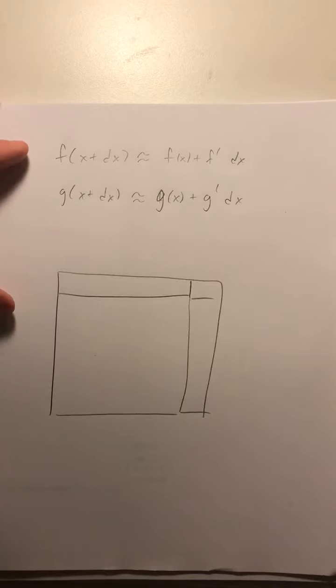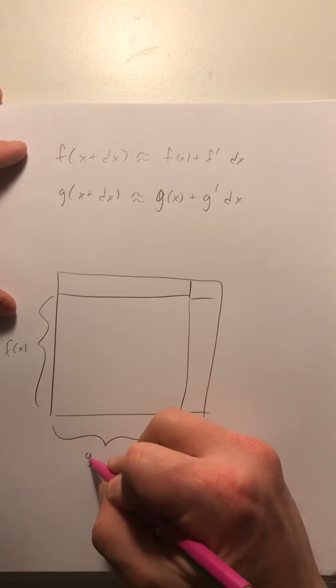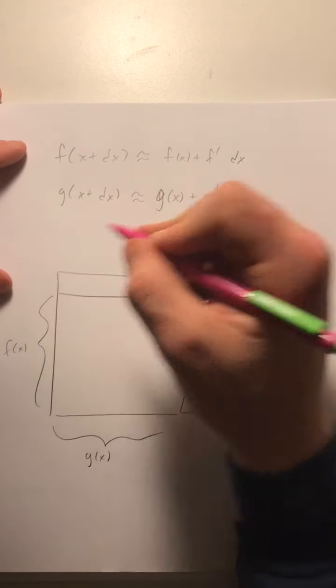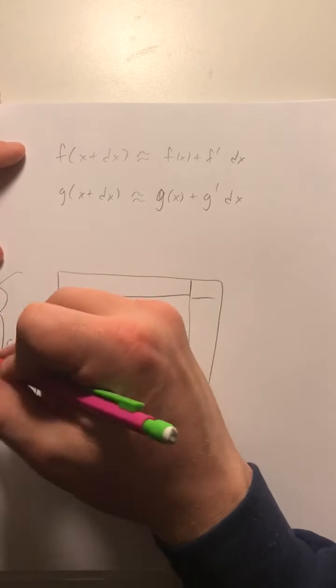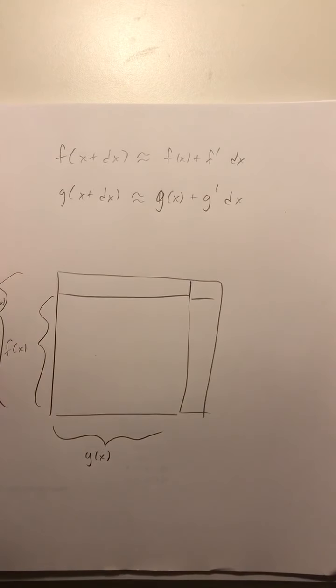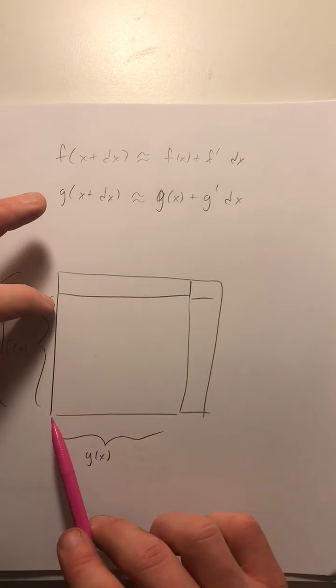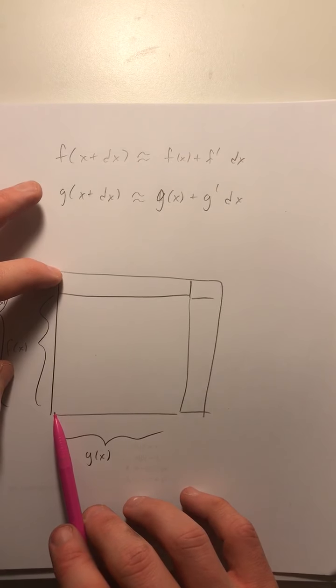Okay. So here, this is going to be f of x. This is going to be g of x. And then this big part is going to be f of x plus dx. So I change x by a tiny amount, dx, and then the output changes from the smaller line segment to the larger line segment.